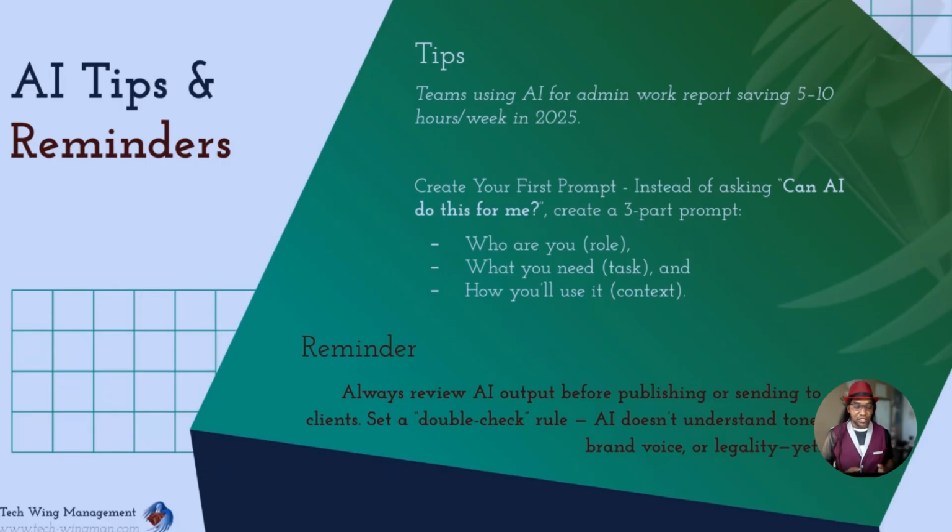So when you use AI, when you send in your input, make sure you define a role. Like, AI, I want you to be this role. This is the task I want you to do, and give it as much context as possible. Make sure you always double check everything the AI gives you before you present it or publish it out to anyone else.